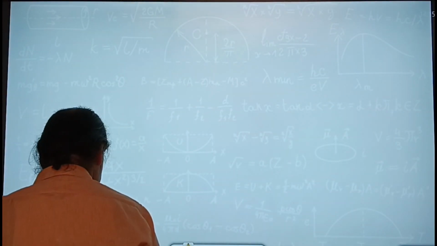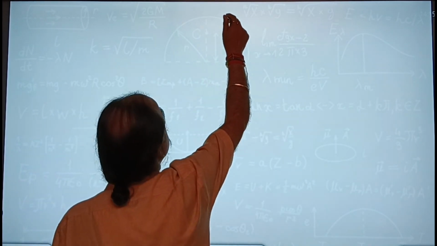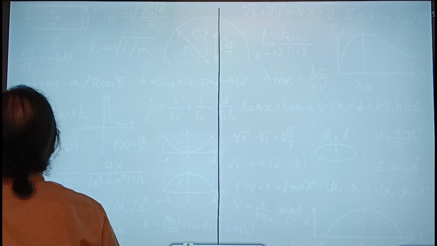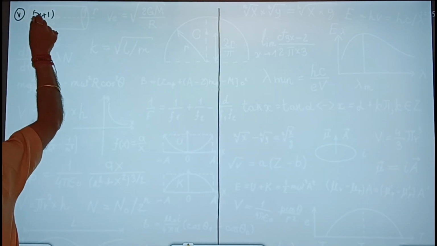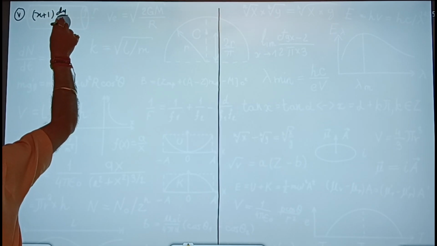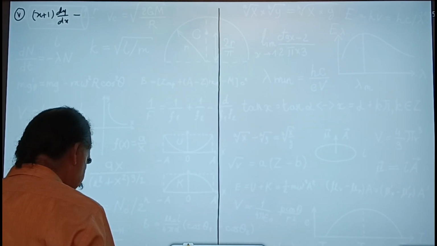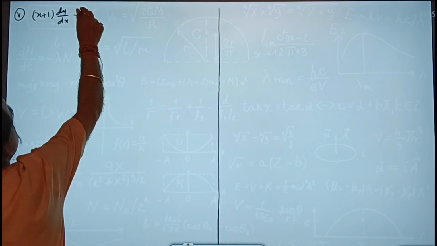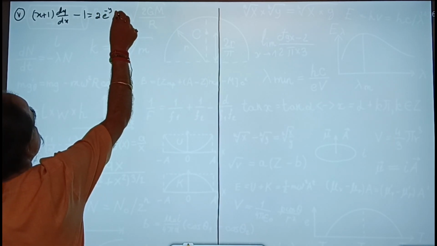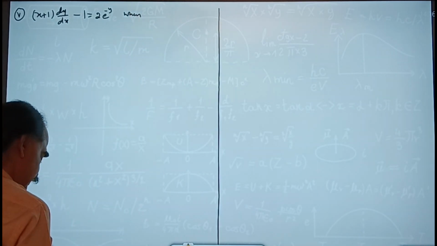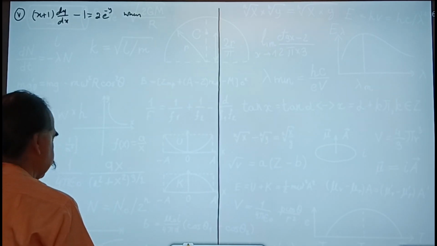See fifth one, x plus 1 dy by dx minus 1 is equal to 2 e raised to minus y, where y is 0, x is 1.